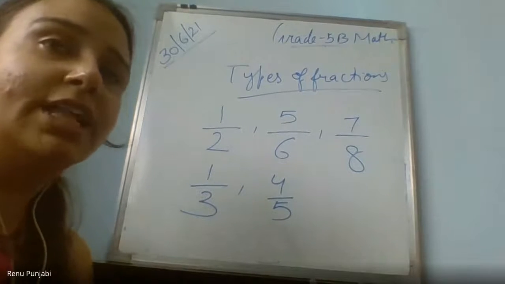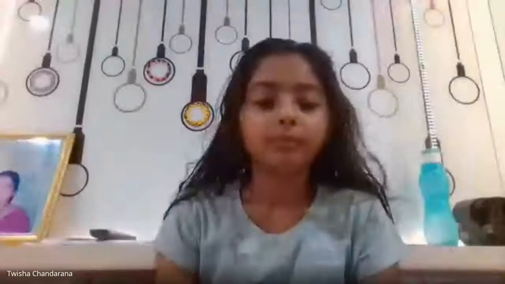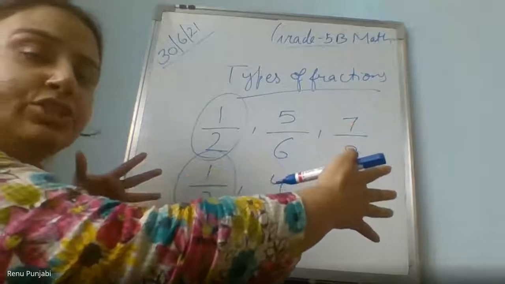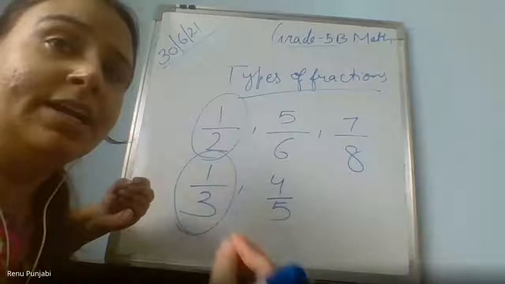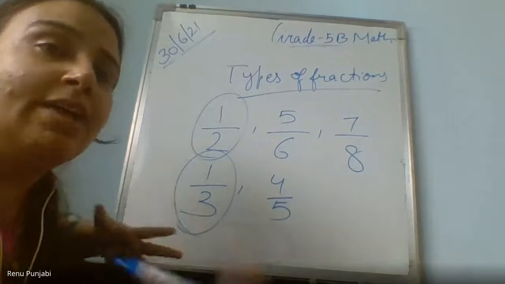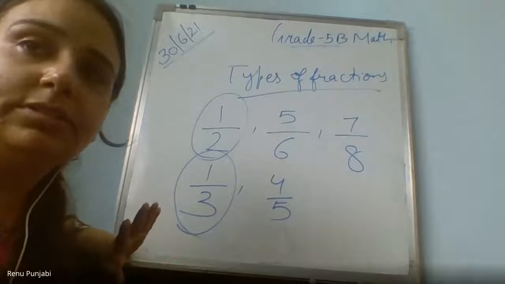Which fractions are the unit fractions? 1/2 and 1/3. Maybe you will get more fractions in a group, but you have to identify this. If the numerator is 1, then that fraction is a unit fraction. Got it, everyone? Yes, ma'am.